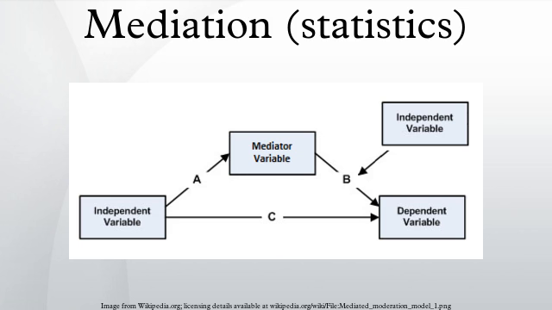The Sobel test is more accurate than the Baron and Kenny steps explained above, however it does have low statistical power. As such, large sample sizes are required in order to have sufficient power to detect significant effects. This is because the key assumption of Sobel's test is the assumption of normality.